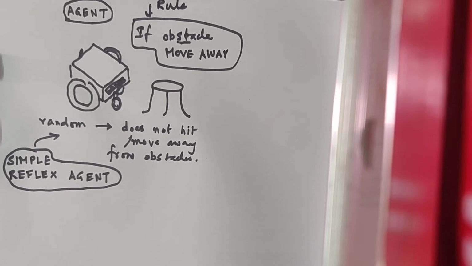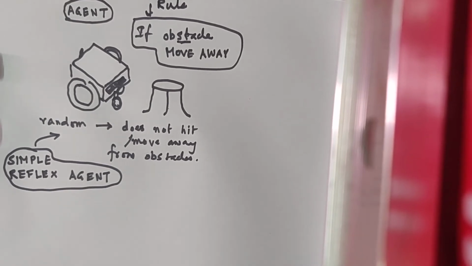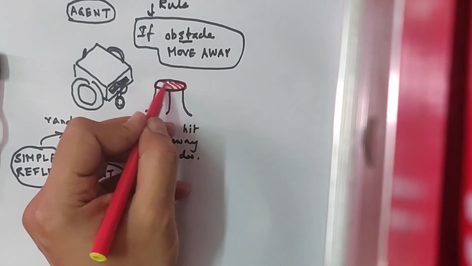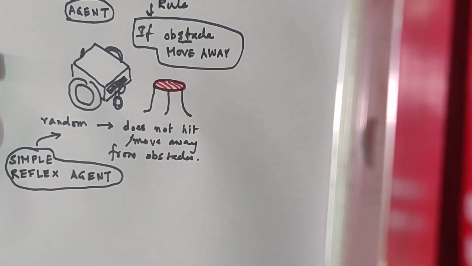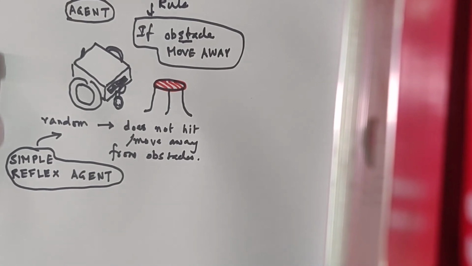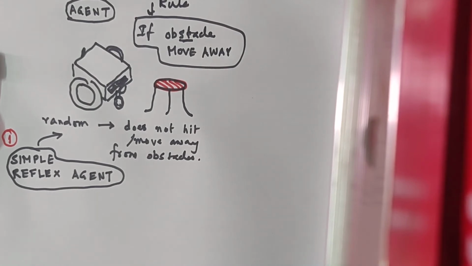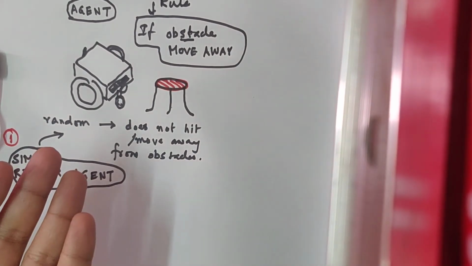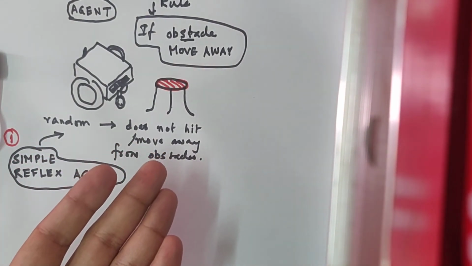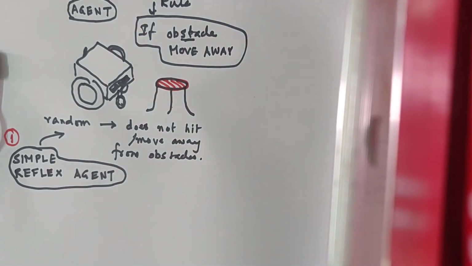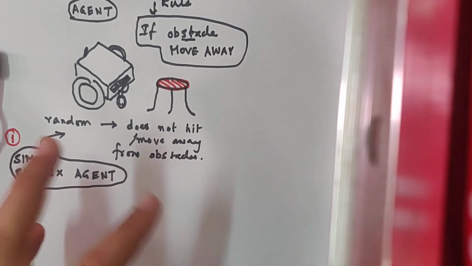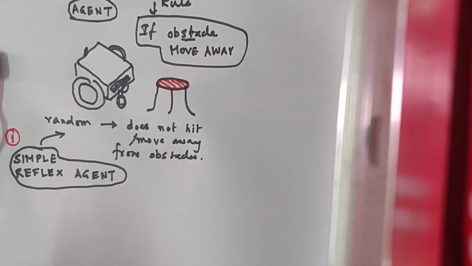Now you tell me that, for example, the robot has seen this particular stool. It is an obstacle. It is moving in random direction. Again, while moving in random direction, it may happen at some point of time it again revisits this particular stool only. Again it will get a sensory percept that there is an obstacle. It will again move away.